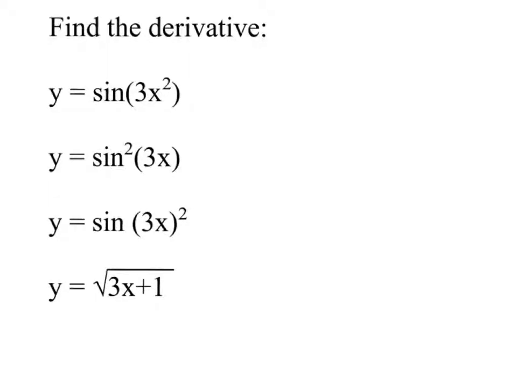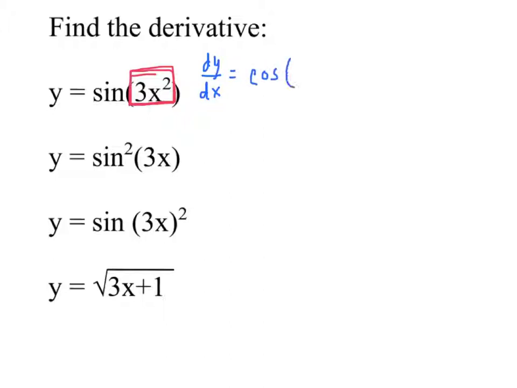In this video we're just going to review a few quick things with chain rule. So this very first one, we have the sine of 3x squared. The inside function is definitely 3x squared. So for our derivative, we start with the derivative of the outside.